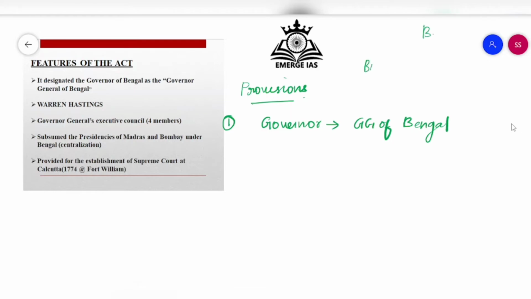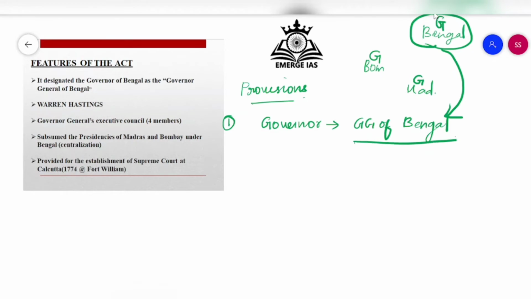These are the 3 presidencies, and at the 3 presidencies the English East India Company appointed 3 governors before 1773. In 1773, the already existing Governor of Bengal was designated as Governor-General of Bengal. And the first such Governor-General of Bengal was Warren Hastings.